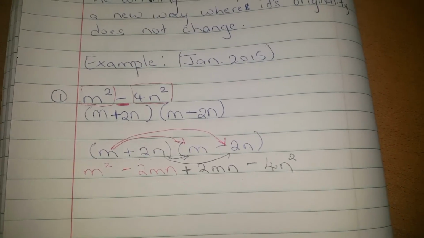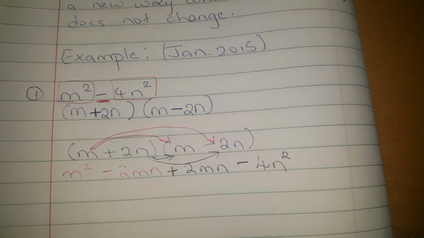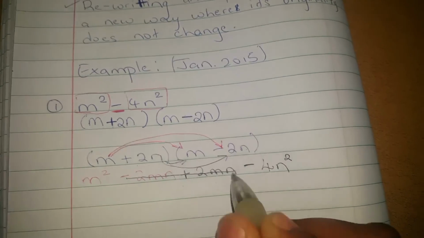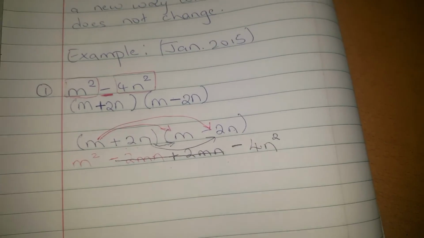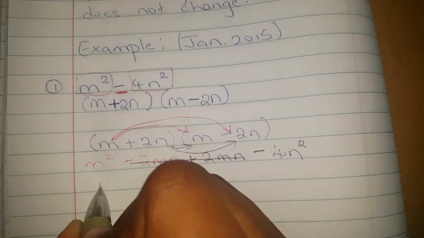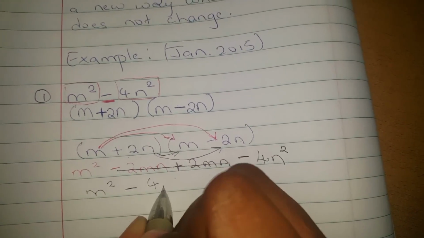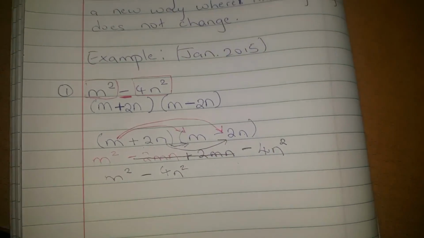This is like saying I owe somebody 2 mangoes and I have 2 mangoes to give. So therefore I can eliminate the amount I owe, because I now have the amount to give. So I'm left with m squared minus 4n squared. So that's how it is done.